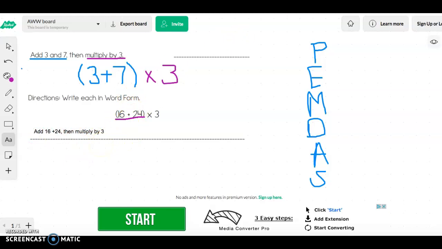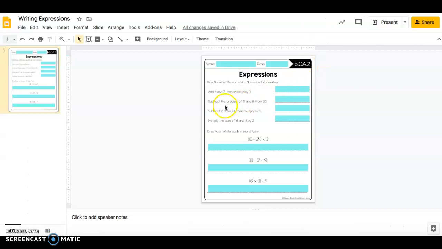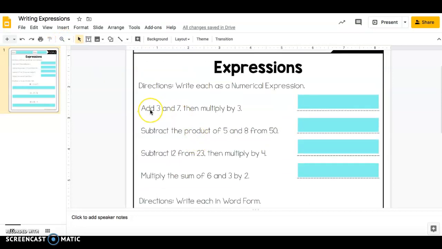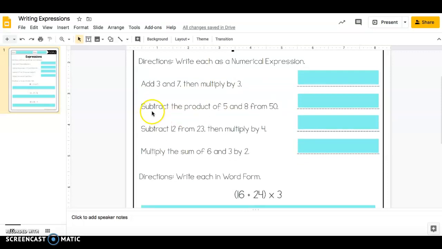Now, there are some words that we need to remember. Let me zoom in on this. You should know what add means, and you should know what multiply means. Subtract, you should know. Now, product, that's a word we worked on. Product is the answer to a multiplication problem, so that means you are timesing.